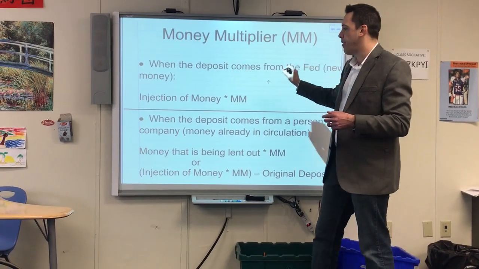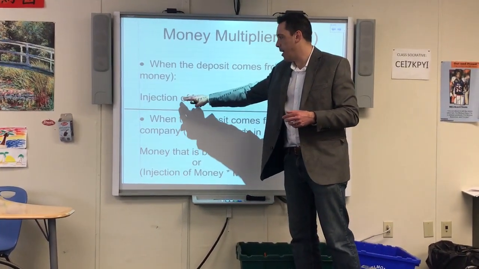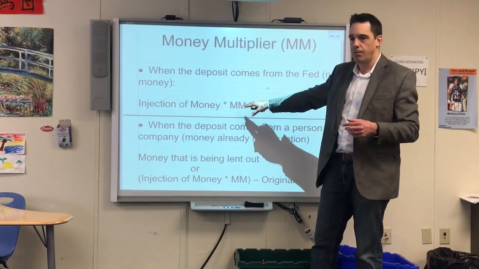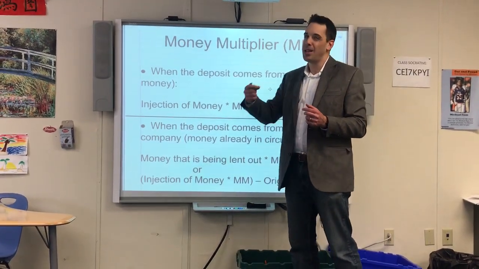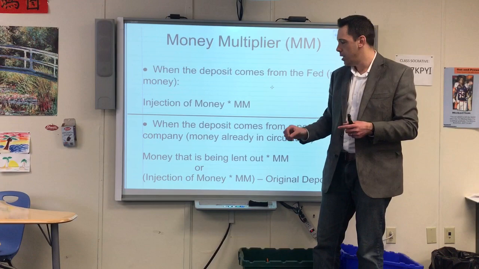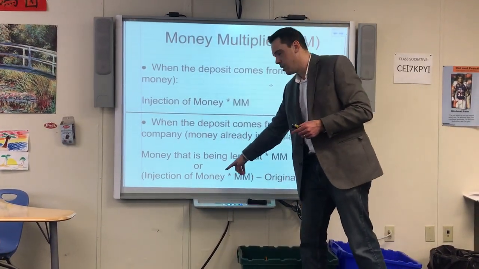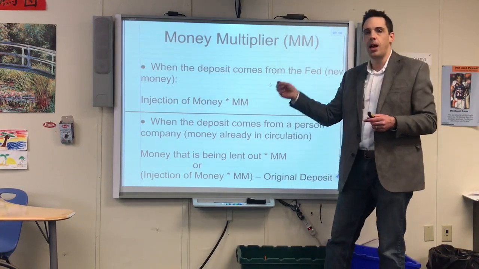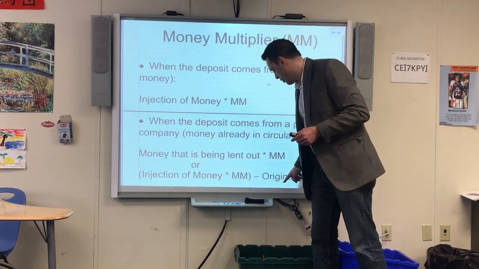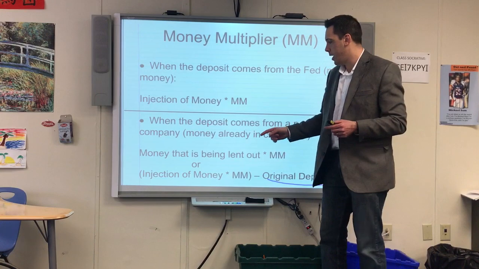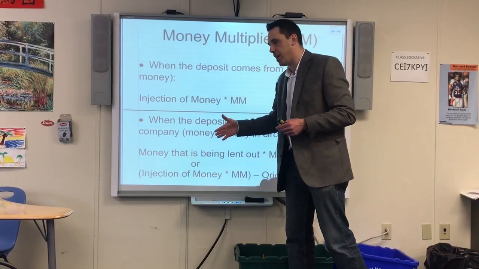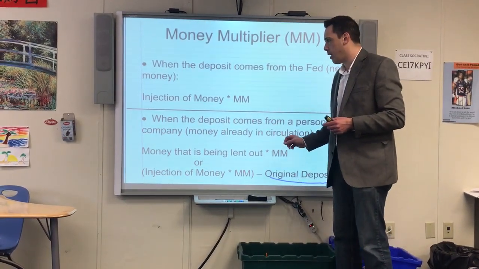When money comes from the Fed, it's the amount of money times the money multiplier. When a person deposits in a bank, it is the money that's being deposited times the money multiplier, but you must subtract the original. Or it's the money that's being lent out times the money multiplier.